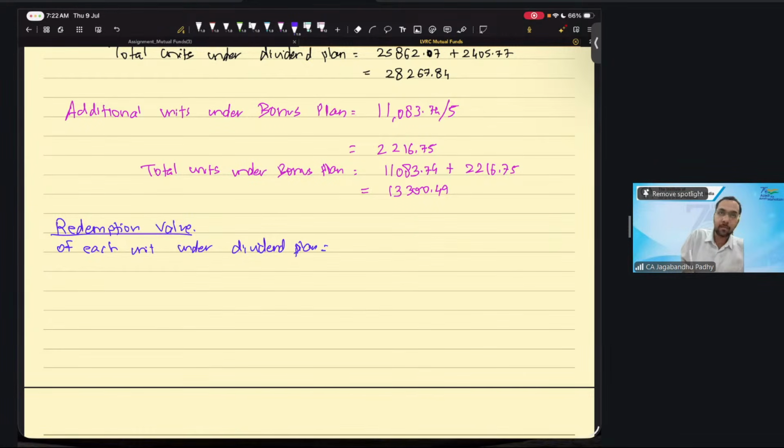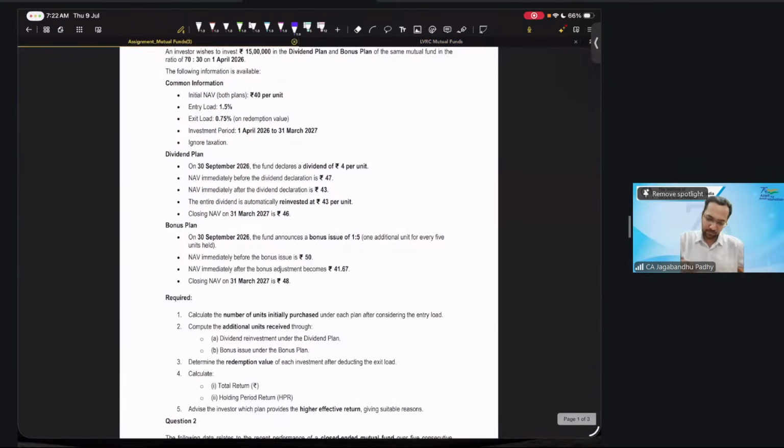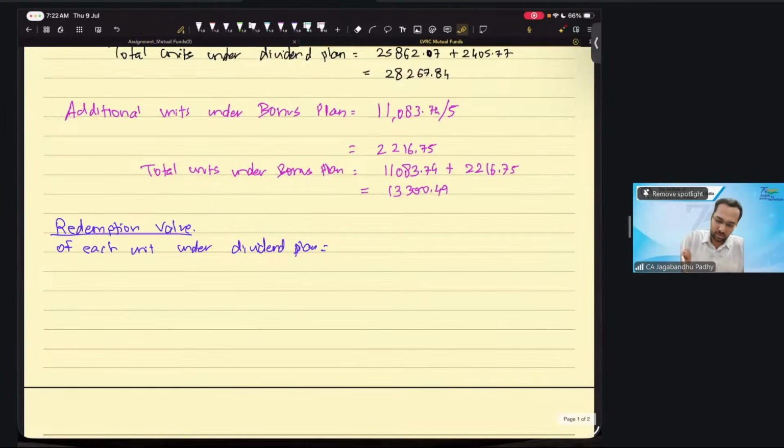When we are redeeming, the closing NAV is 46, and we have an exit load of 0.75%. From the NAV, we need to subtract 0.75%.